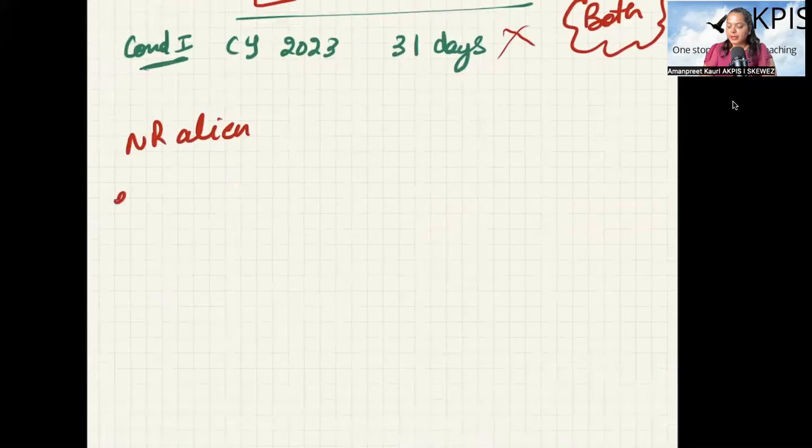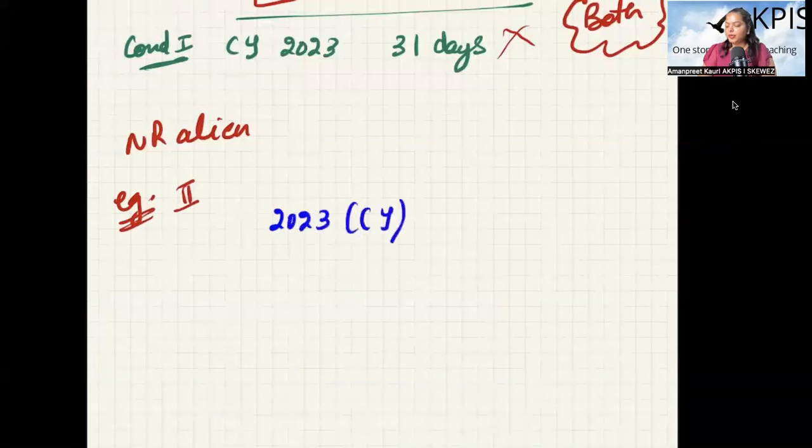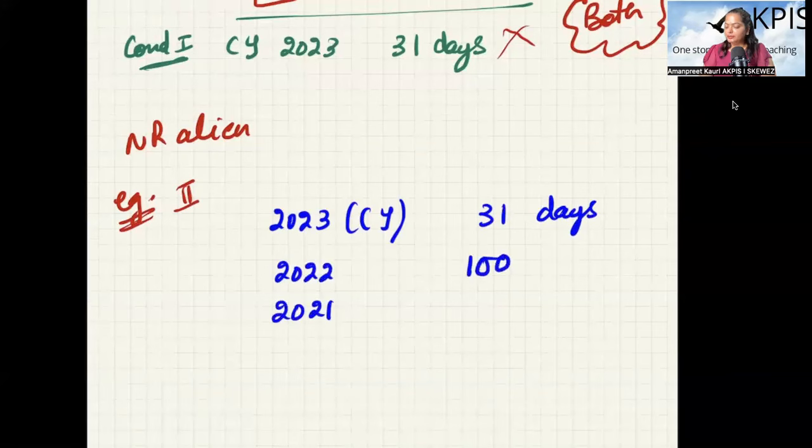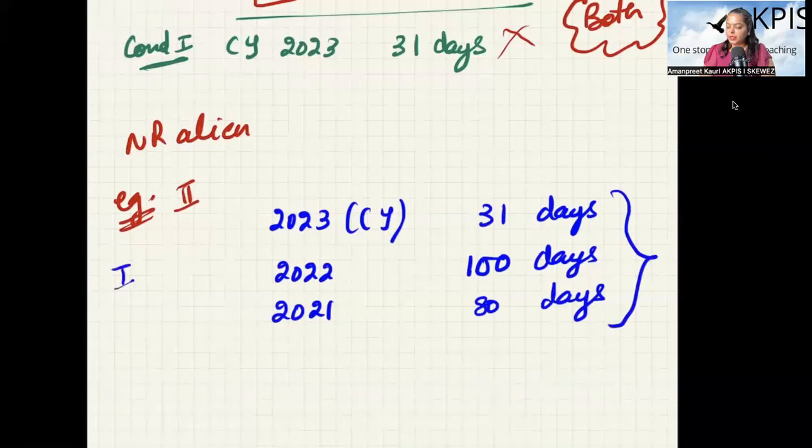Now let's take one more example. Example number 2. Suppose in the current year, let's say 2023, he is there for 31 days. And for 2022 and 2021, let's say he's here for 100 days and 80 days. First of all, condition number one: he's there in the current year for 31 days. Yes.